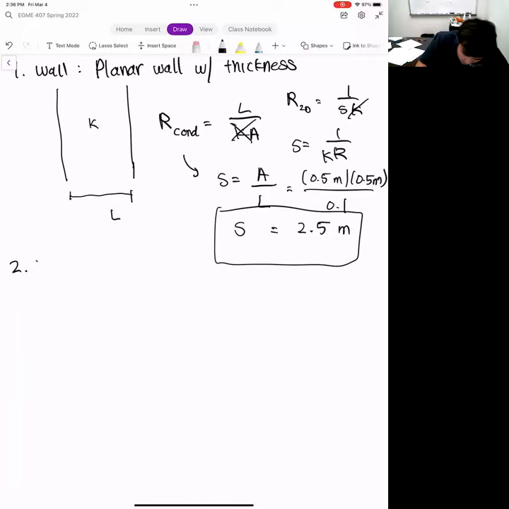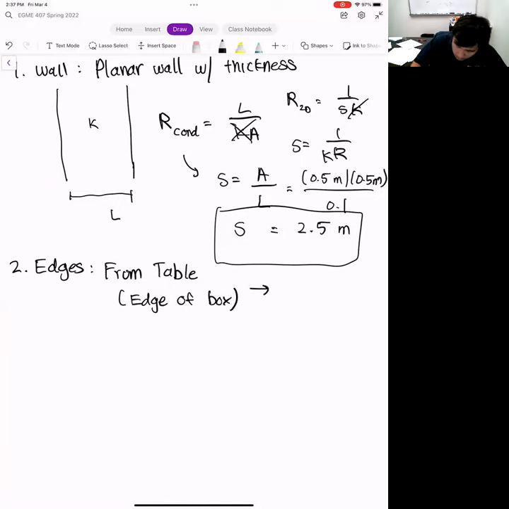Now let's look at the edges. For the edges of a box, this is actually in the table of the notes that I gave to you before. For the edge of the box, we have a formula: the shape factor is equal to 0.54 times D, where D here is the side length.